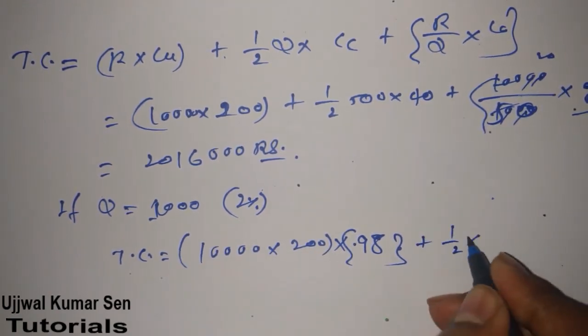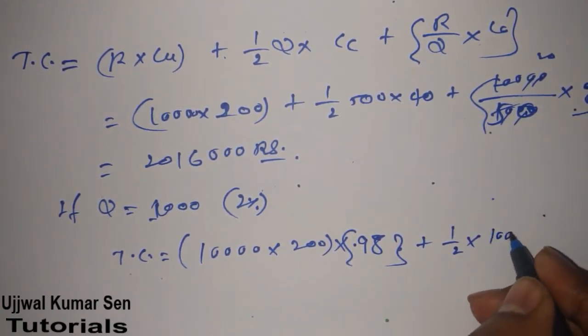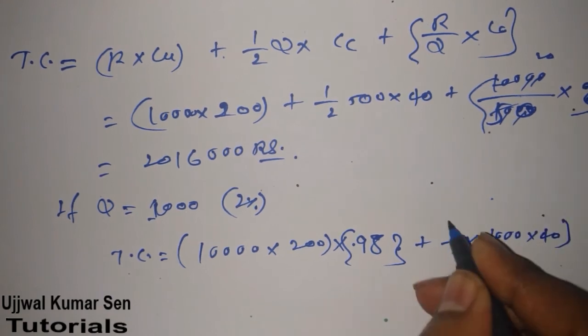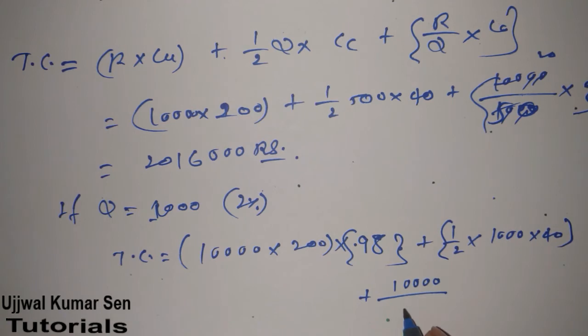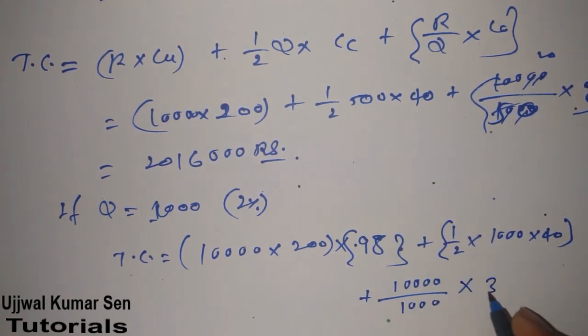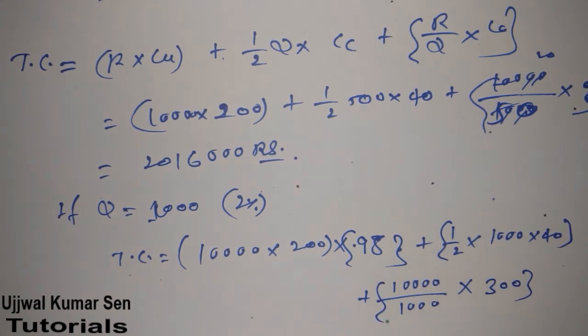Then plus half, and the quantity here is 1000, multiplied by 40, plus 10,000 divided by the quantity, R by Q, that is 1000, multiplied by 300. We'll do the calculation again.